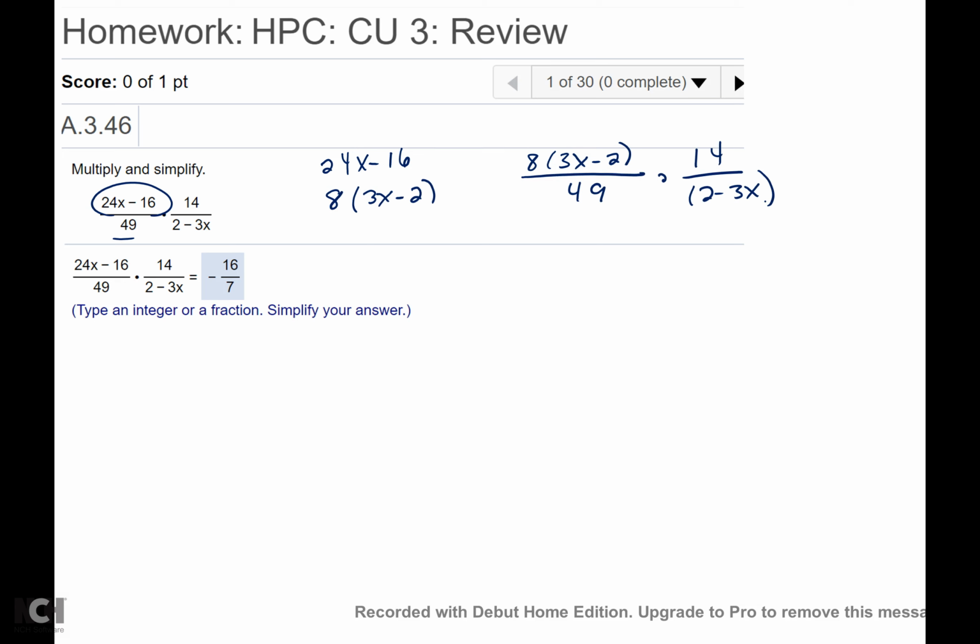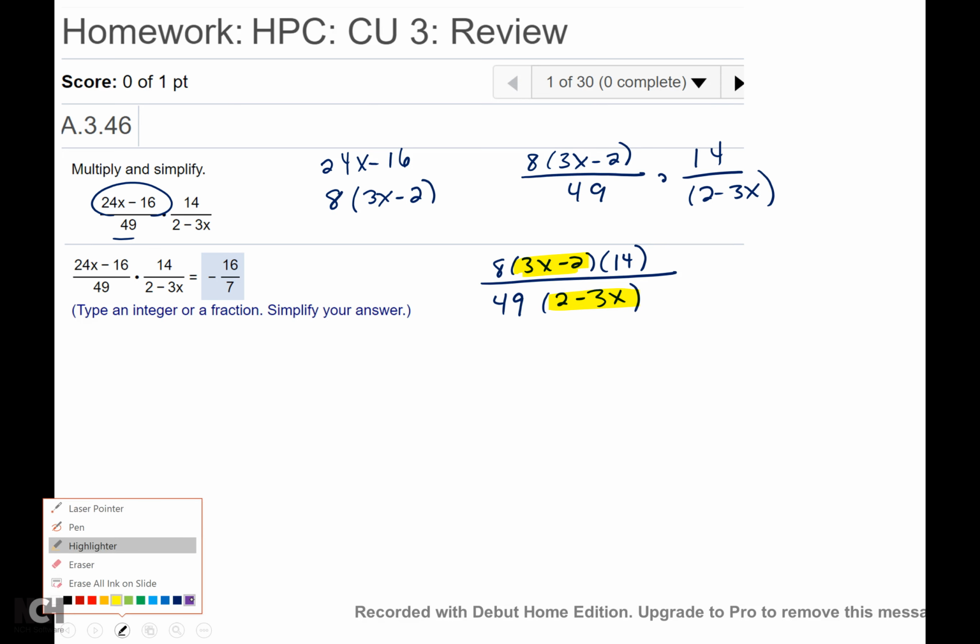Now, we would multiply straight across the top, so I'd have an 8 times a 3x minus 2 times a 14. And on bottom I have a 49 times a 2 minus 3x. Now, these two look almost the same, except they're backwards. When they're backwards, we use what we call the -1 trick.